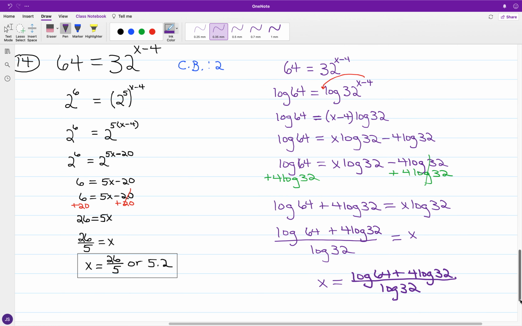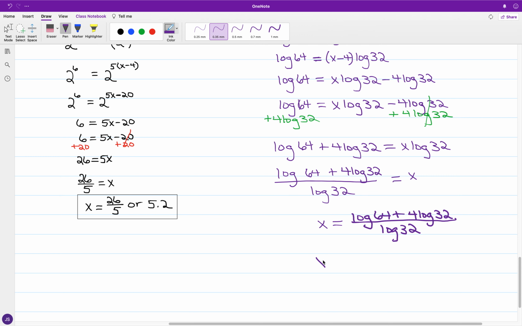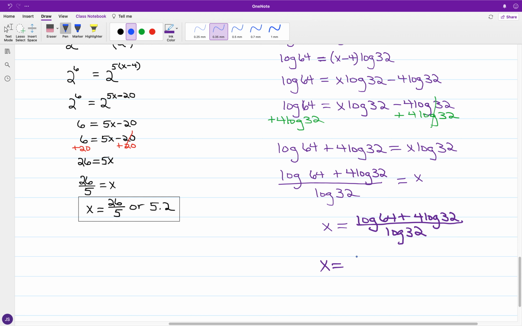And just putting into calculator notation. So I have in this item the base 10 logarithm of 64 plus 4 times the base 10 logarithm of 32, so close out for 32 and close out for the sum.